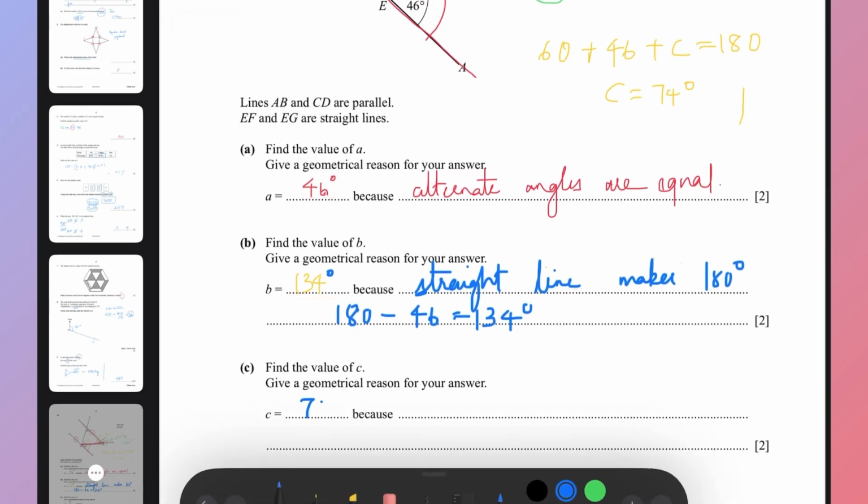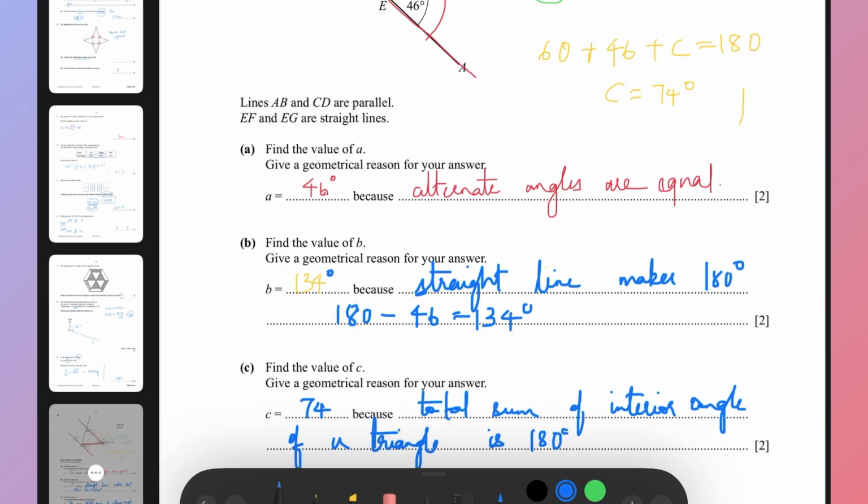C is 74. So the total interior angle of a triangle is 180 degree. Okay.